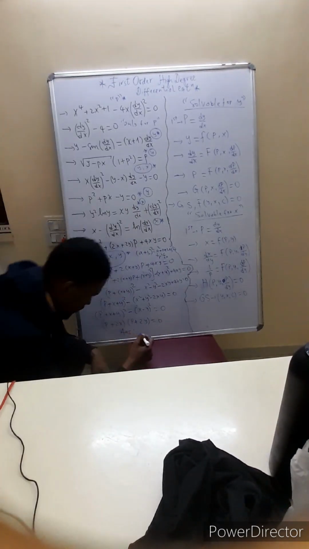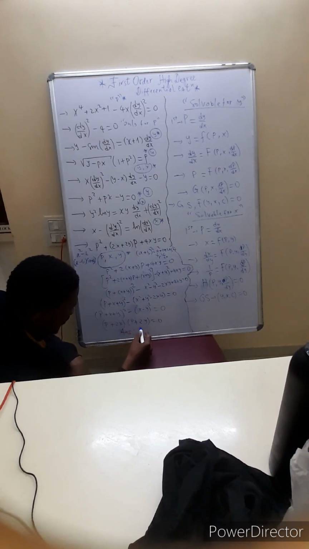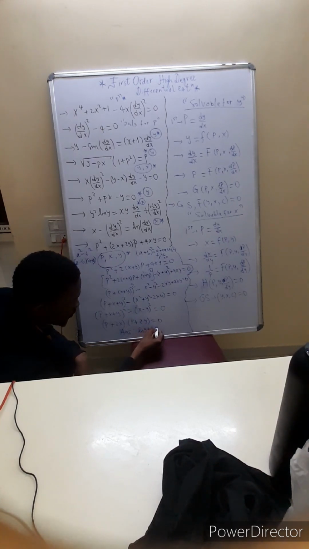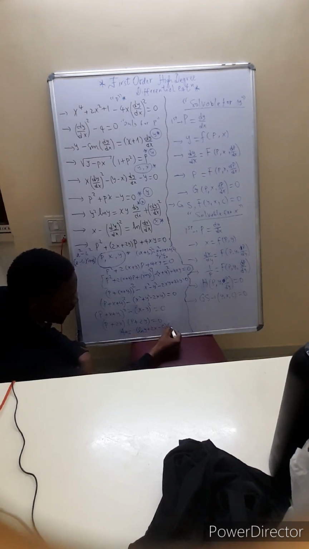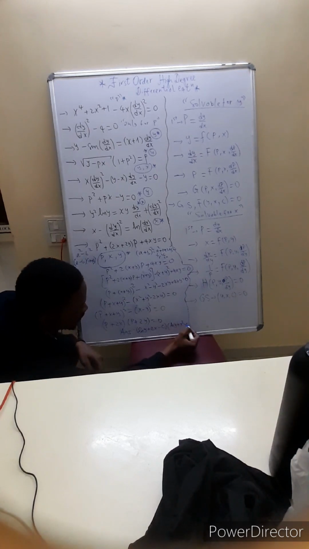Yes, as I was saying, the answer will be like ln of y plus 2x minus c1, then multiplied by ln of y plus x squared minus c2 equal to 0.